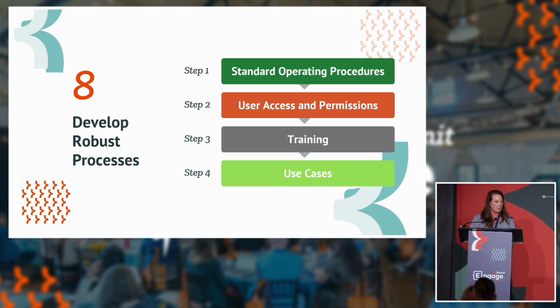Number 8, we want to develop robust processes. As you're building this, you're going to identify what needs to be a process, what needs to be a procedure. The earlier, the better. This will ensure compliance and consistency. Start writing those out, figuring out what would be applicable, and continue to build onto those.